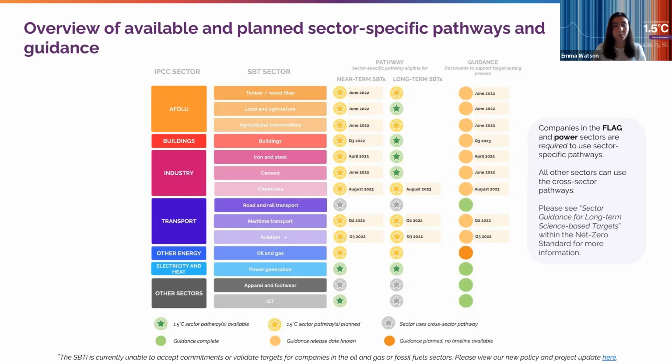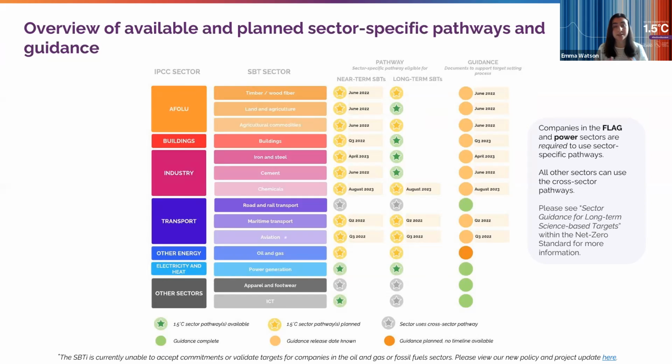Something else to note, and we'll go into this in more detail in the next slide, is that companies in the forest, land and agricultural sector, that's the AFOLU sector up at the top left-hand side in orange, and the power sector are required to use their sector-specific pathways.